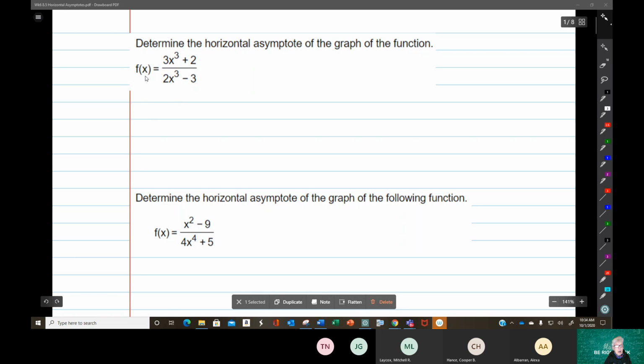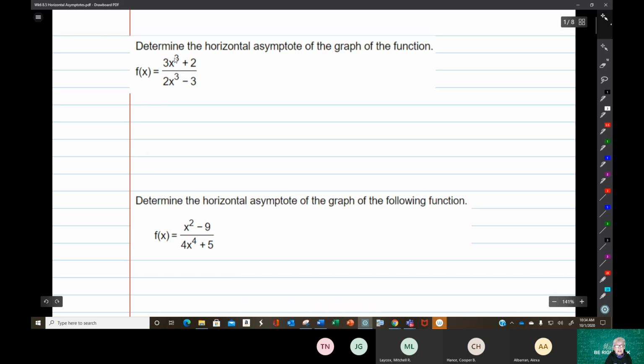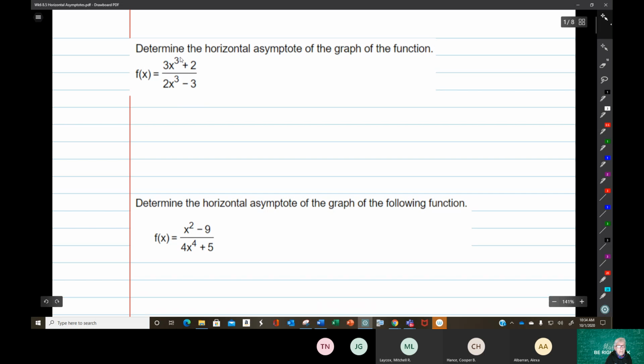Okay, here's our first problem, and these are your homework problems, by the way. 3x to the third plus 2 over 2x to the third minus 3. The first rule is illustrated by this. Let's do it and then try to put it in words.